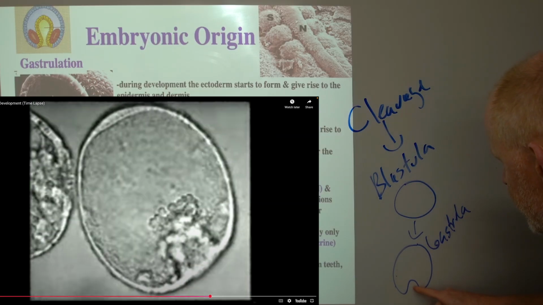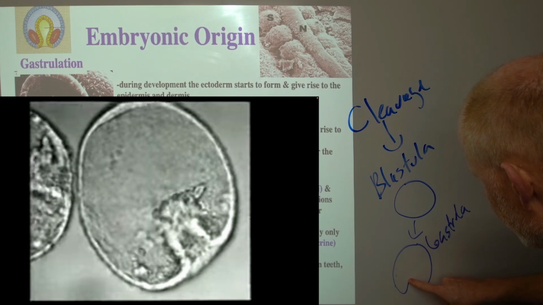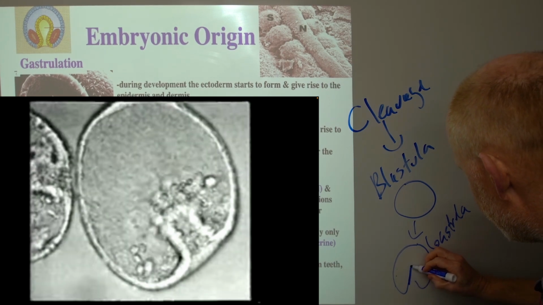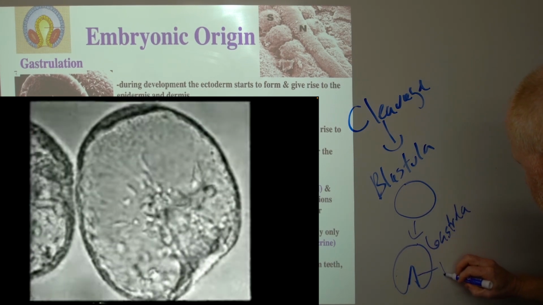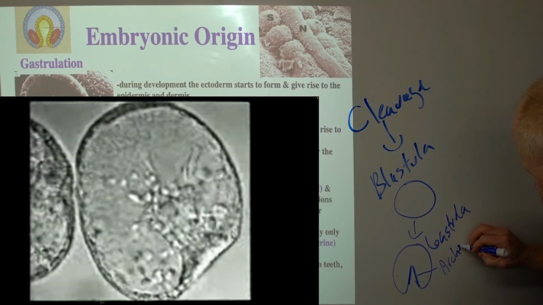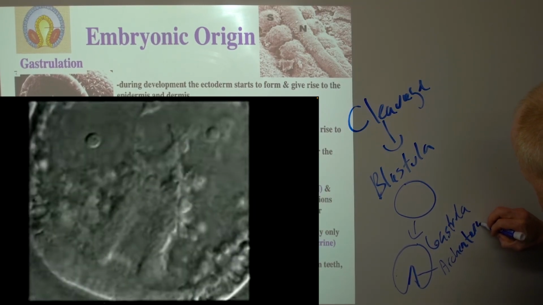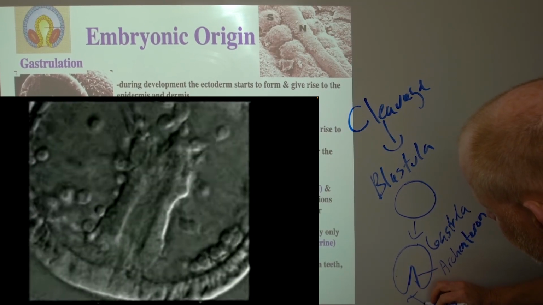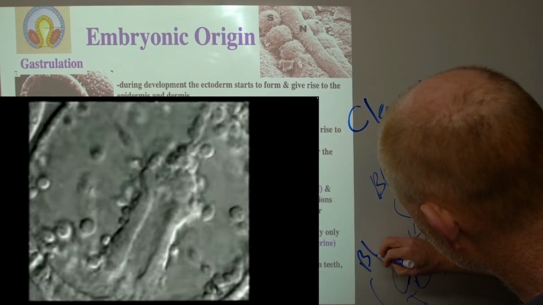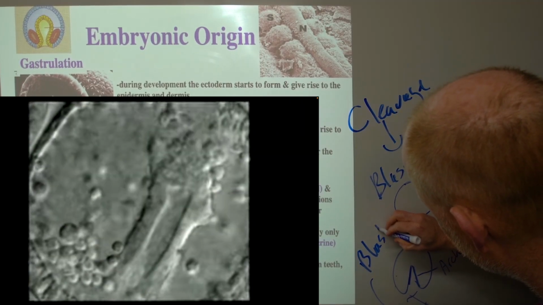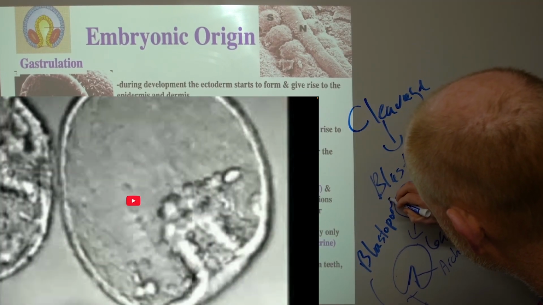That new tube that's developing is called the archenteron. And the hole here is called the blastopore.